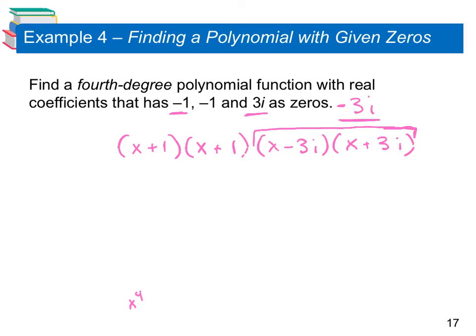So we have to FOIL here. So x squared minus 3i plus 3i minus 9i squared. So we can always FOIL this out, or we could see that we square our first term and square our second term, and that's our answer.